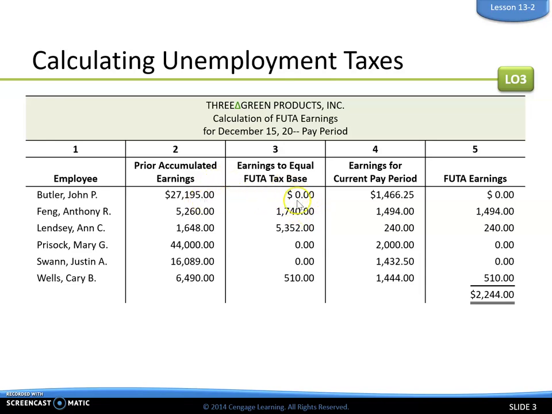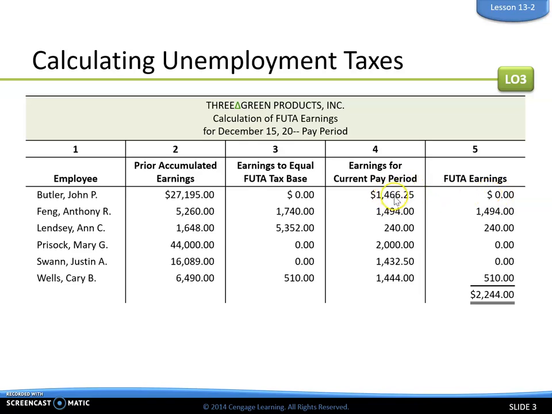So when we look at this, we're saying that John's prior accumulated earnings were $27,000, and then we see earnings to equal the FUTA tax base is 0. That means that he's already reached that $7,000 tax base. So therefore, we don't have to pay any taxes for unemployment for John anymore.